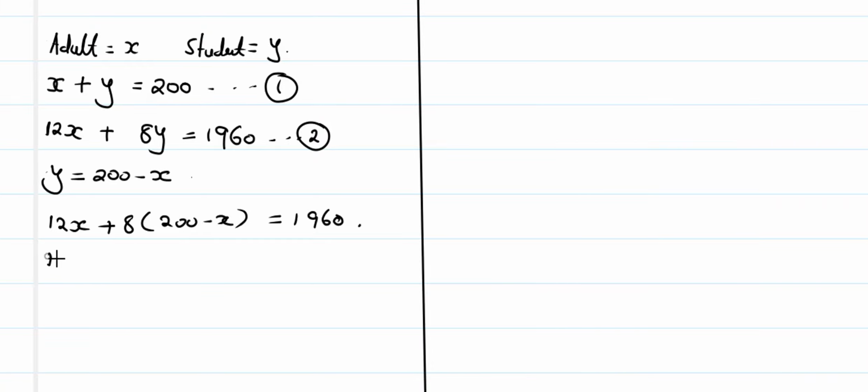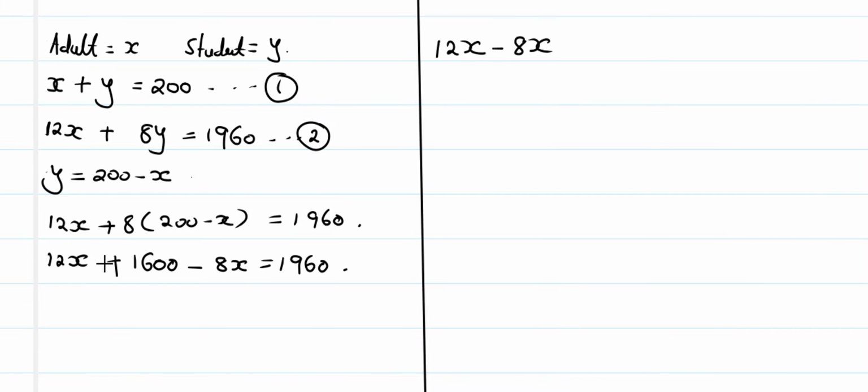Then it becomes 12X plus, I open brackets, 8 multiplied by 200, which is 1600, minus 8 multiplied by X, which is 8X, equals 1960. Then I can collect like terms together: 12X minus 8X equals 1960 minus 1600, taking the 1600 to the other side.